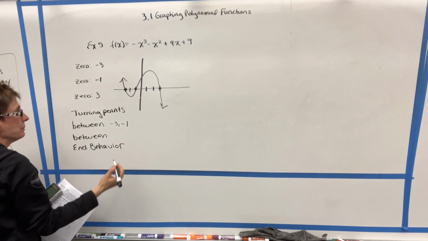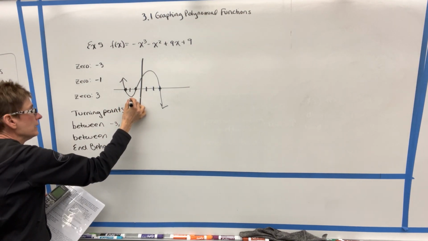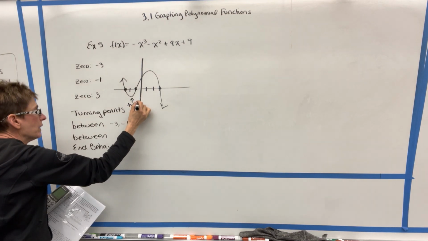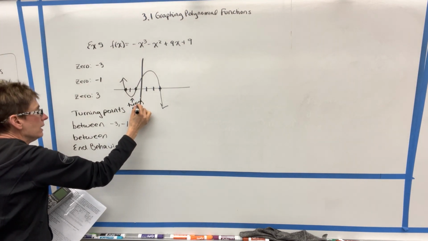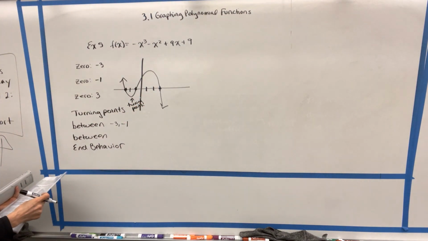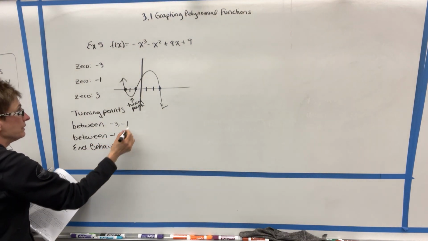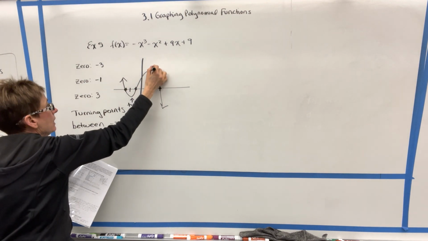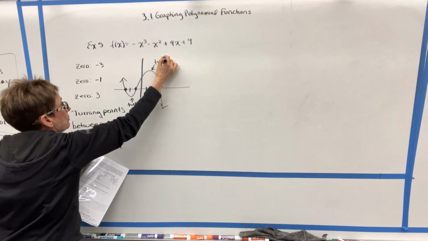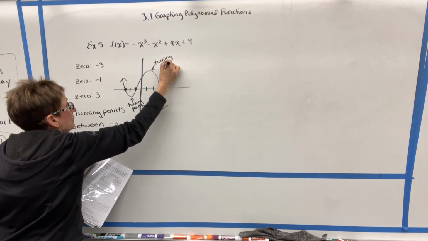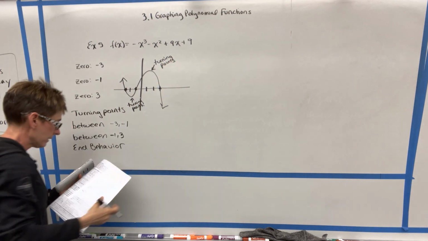So that is a turning point. Let me put a little label here, turning point. I can also see that between -1 and +3, I have another turning point. Again, the graph changes directions there as well.